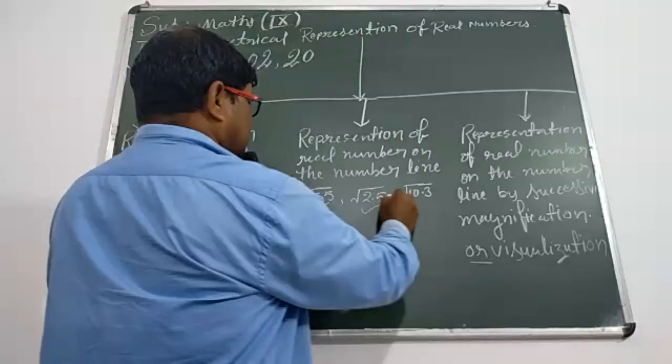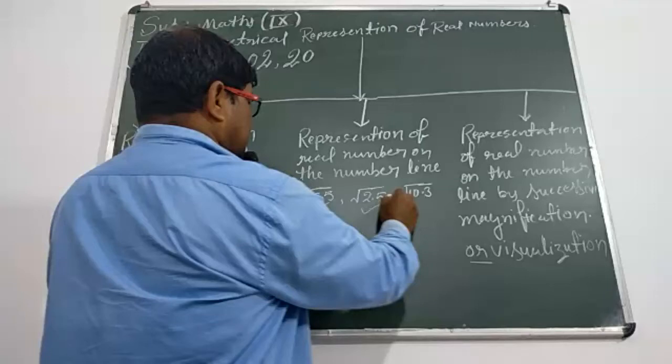Under root 3.5, under root 2.5, under root 10.3. This type of number we will represent on the number line. So second branch is representation of real number on the number line.